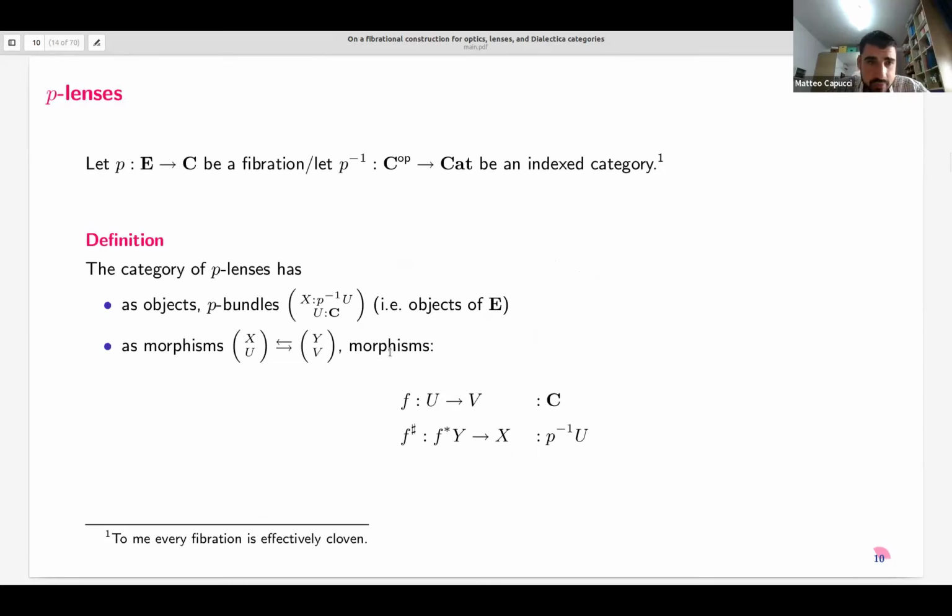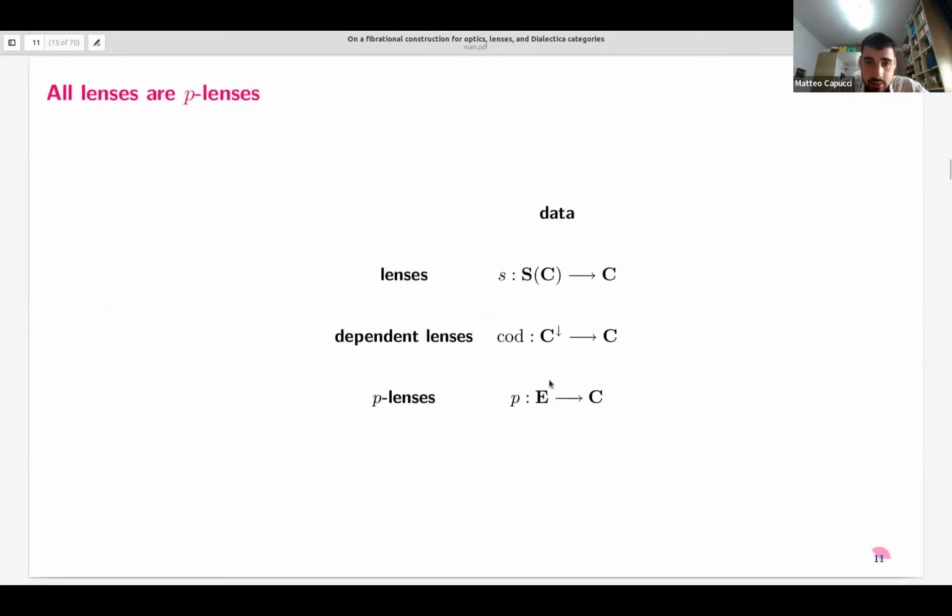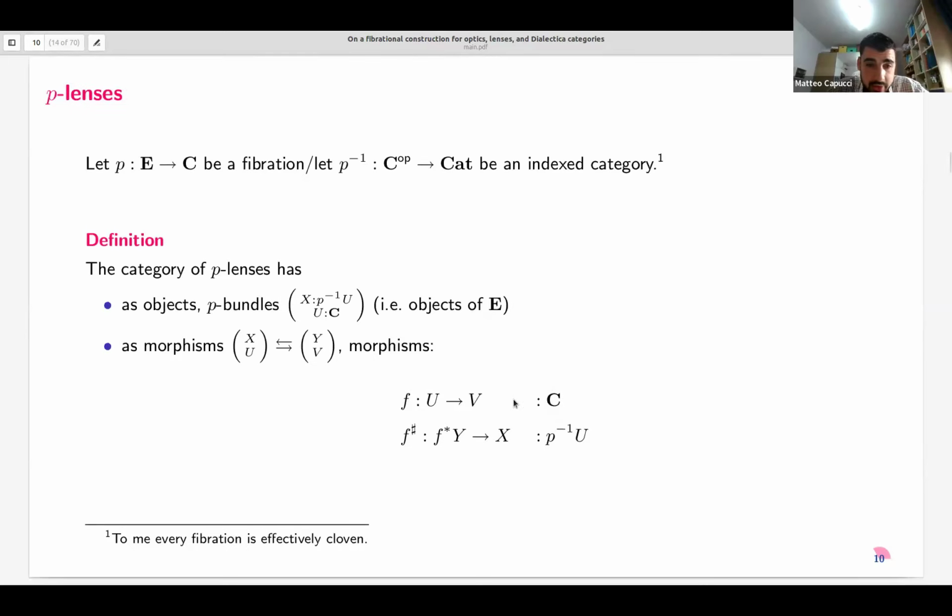Now we can generalize this even further and say, well, let's just look at any fibration P, and then we can build a category of P-lenses out of it, where objects are now basically objects of E, which we think of as given by an object in the base U and an object X in the fiber over U. And then morphisms are still given by a map between the base objects in C, and then a map in the fiber that goes from the pullback, which is now given by the fibration structure, of Y along f to X. And then again, I didn't include that, but this has the same structure as before, right?